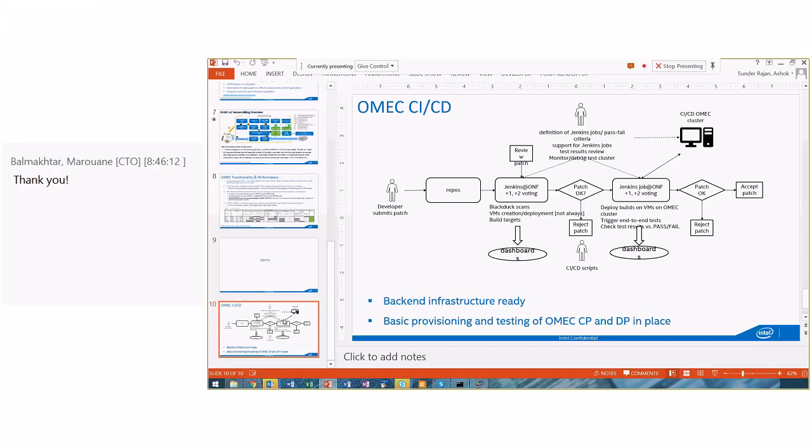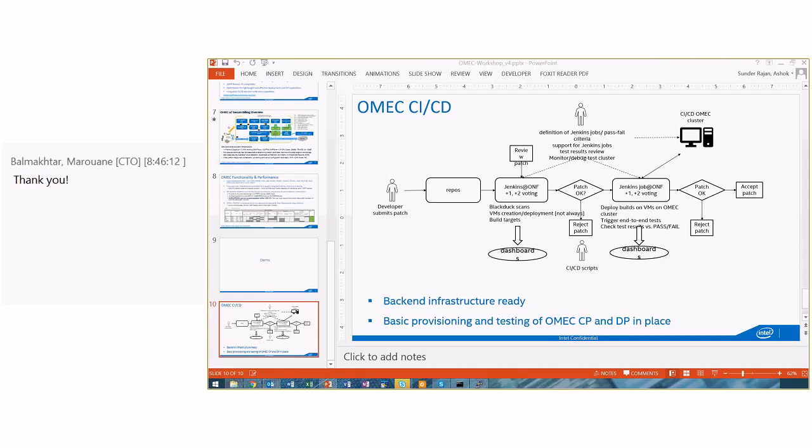Hello, everyone. Just a very few words on the CI/CD flow we are working on. This is basically a standard CI/CD process. There are different actors and different actions involved.